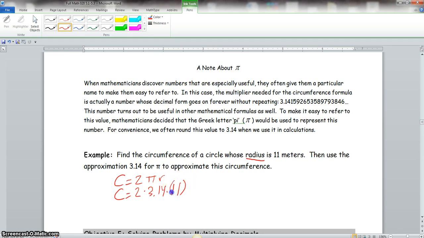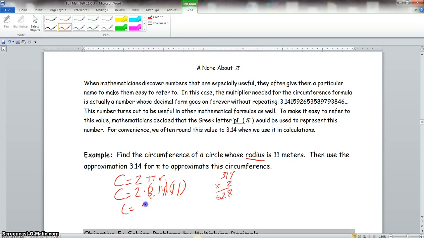Now we could put these in parentheses. We always do that when we substitute. Now we could take 2 times 3.14, so we go off to the side and take 314 times 2. This will give us 8, 2, and 6, and we add 2 digits behind the decimal.